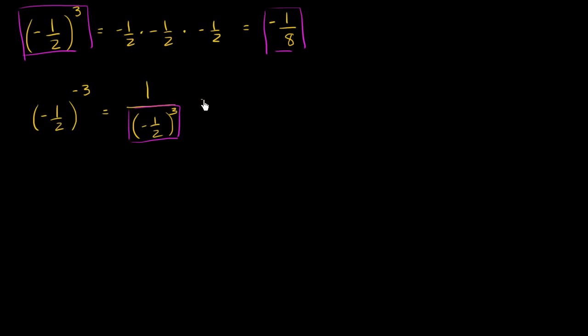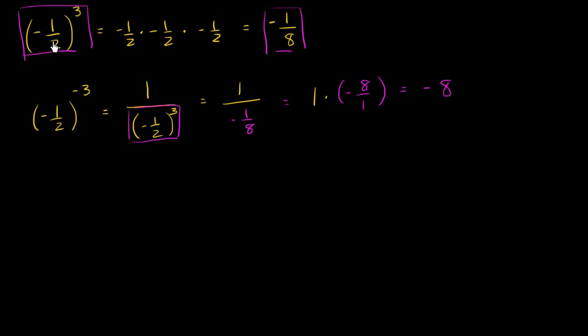So it's going to be equal to 1 over negative 1/8. And what's that equal to? Well, that's equal to 1 times the reciprocal of this denominator, so it's 1 times negative 8 over 1, which is going to be equal to negative 8.